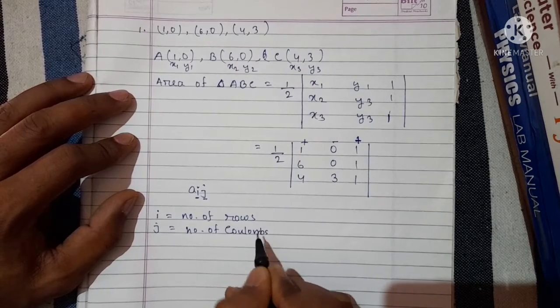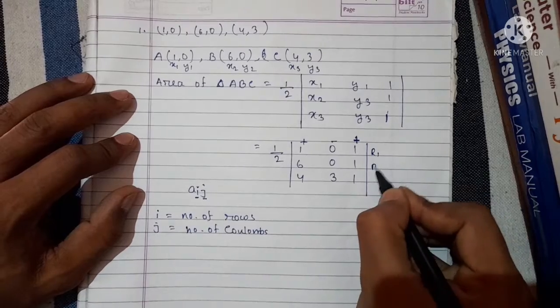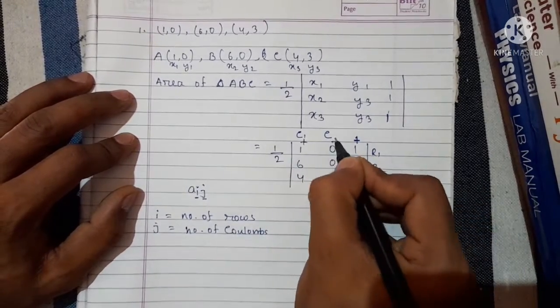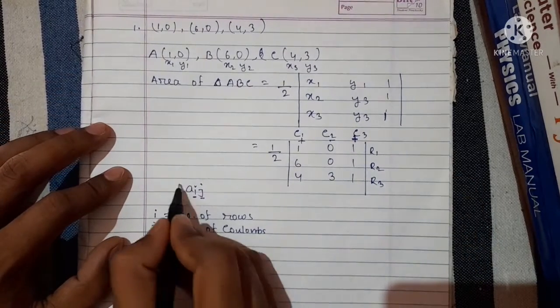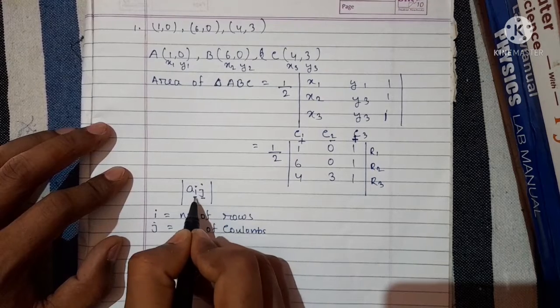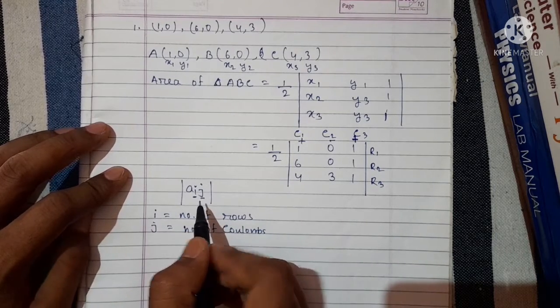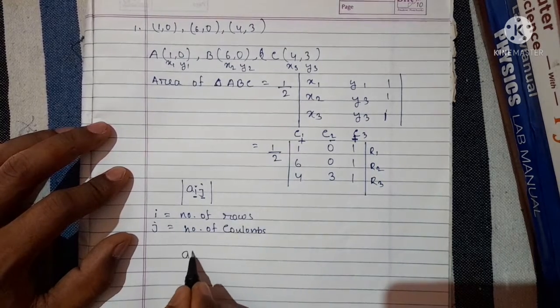You know, this is the first row, second row, third row, and this is column 1, column 2, column 3, right? So you can represent this as a i j, where i is the number of rows and j is the number of columns.